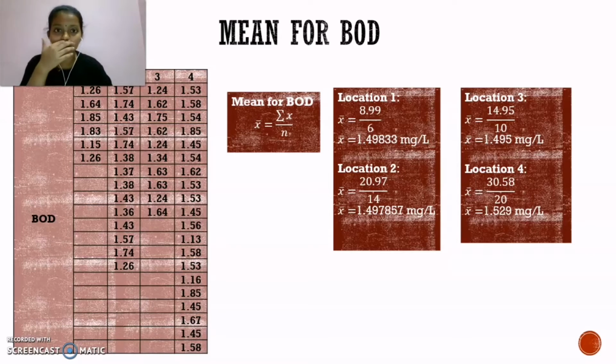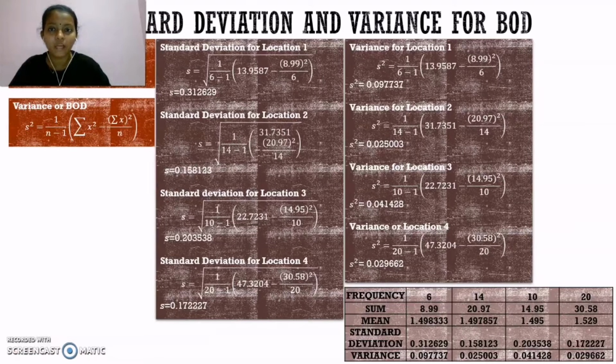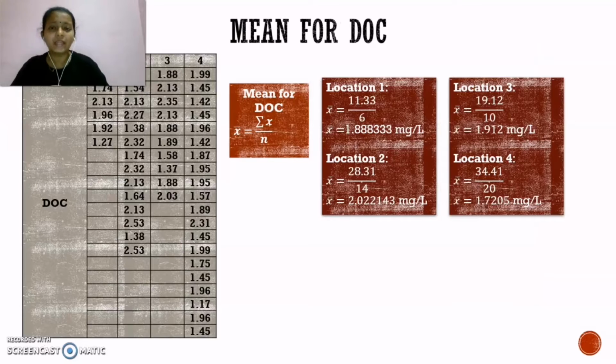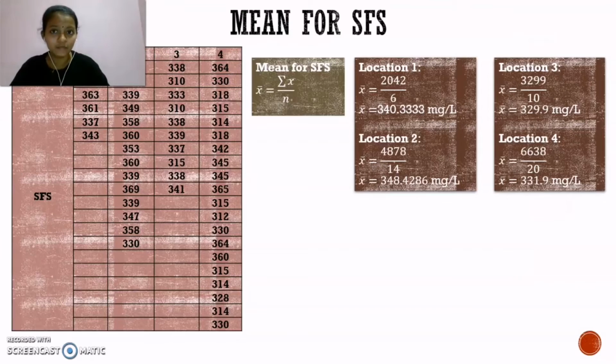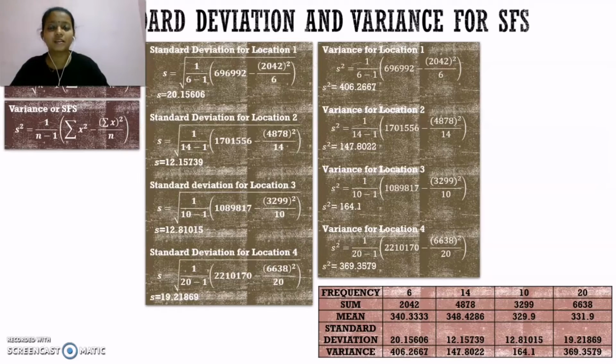The mean for the BOD has already been found for location 1, 2, 3 and 4, and following will be the standard deviation and variance for BOD, followed by the mean for DOC by using the formula, and also the standard deviation and variance for DOC by using the formula, and the mean for SFS, and also the standard deviation and variance for SFS.